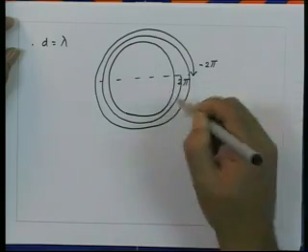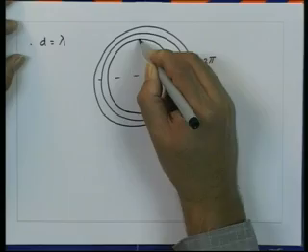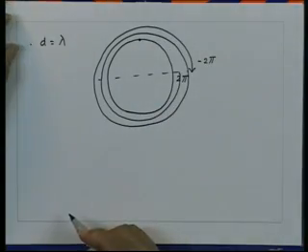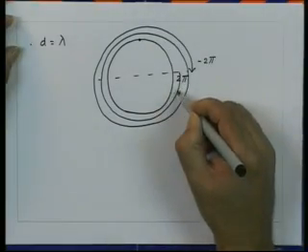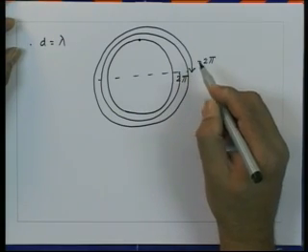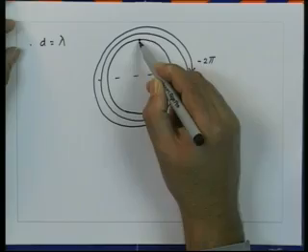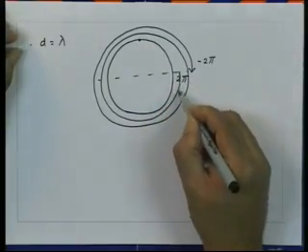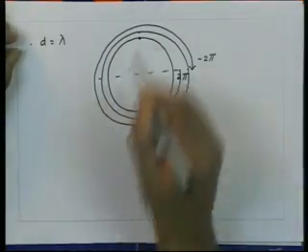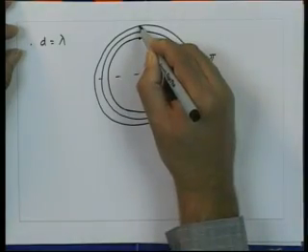Let us say the location of the null is this. Now this corresponds to the value of phi, which would correspond to this value of psi, which is this, but it would also correspond to this value of psi, which is here.